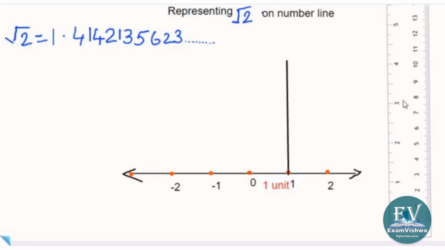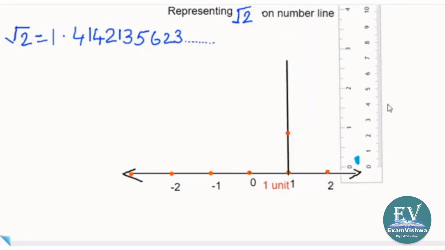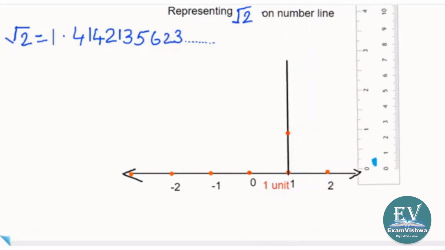Now take 1 unit on that also. So with the help of the scale I can mark 1 unit. This is 1 unit marked, and as per the textbook I will be marking, because you can watch the video again and again and get that how it is done.